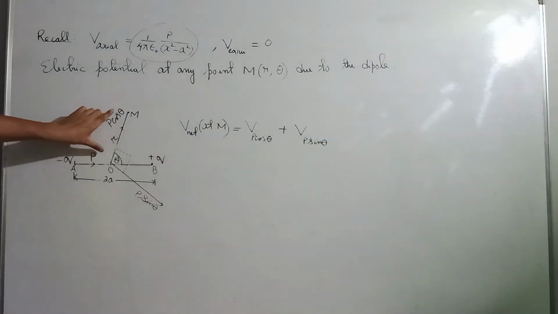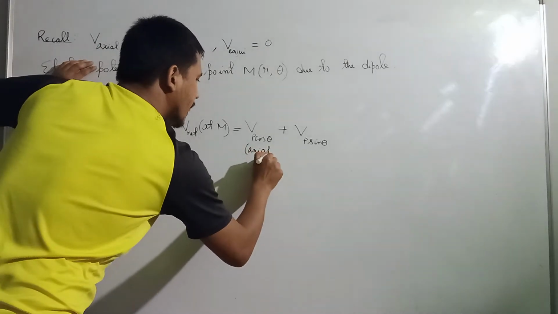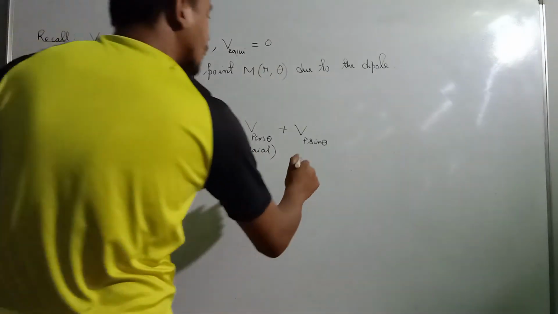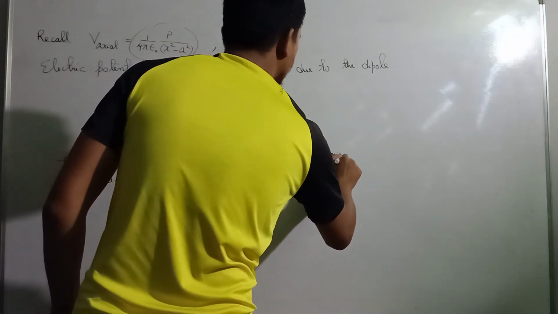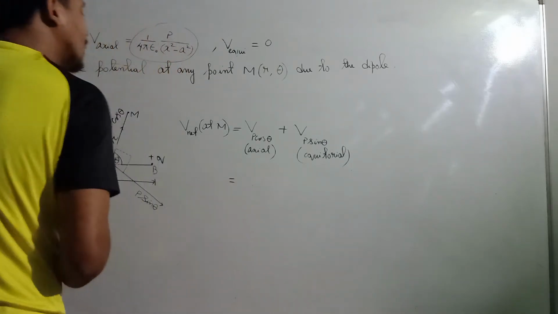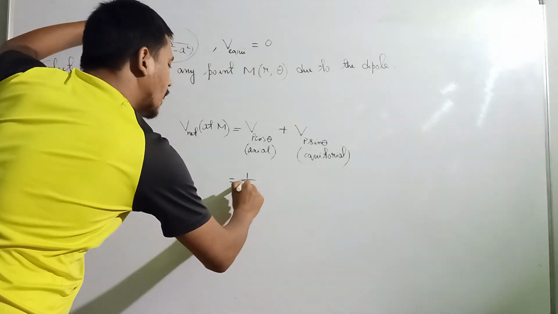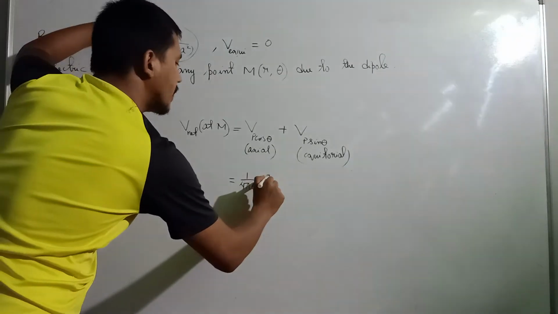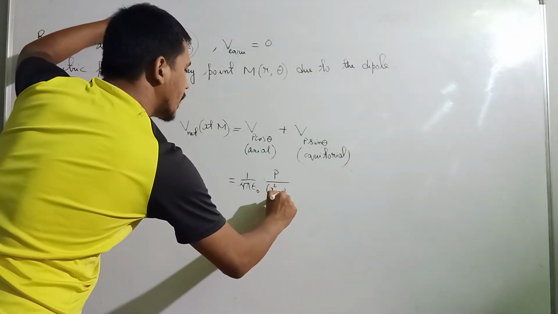For the first dipole P cos theta, M is on the axial line. And for the second dipole P sin theta, M is on the equatorial line. Now we know that the electric potential on the axial line of the dipole is given by what? 1 by 4 pi epsilon naught into P upon x square minus a square.